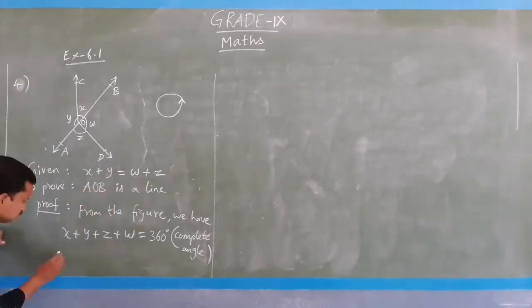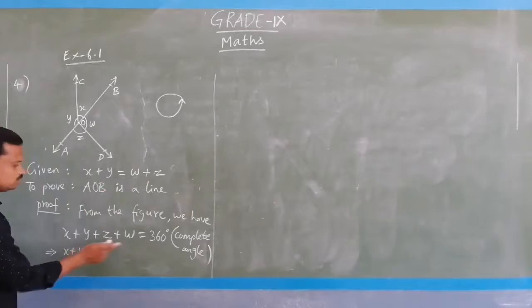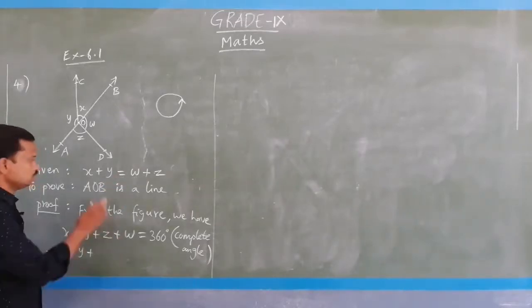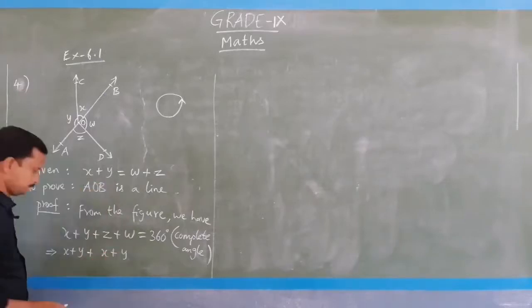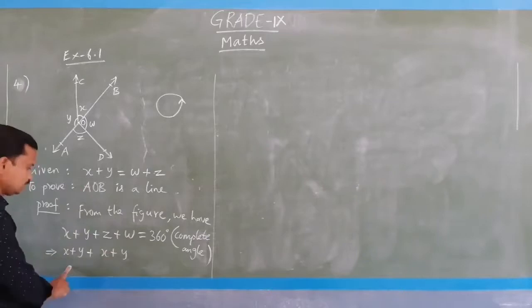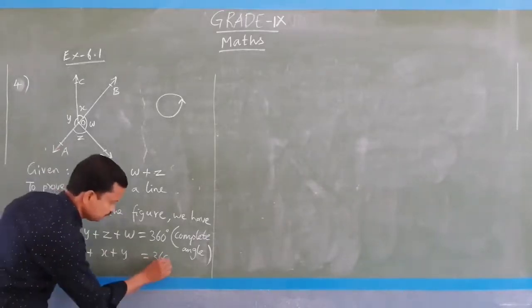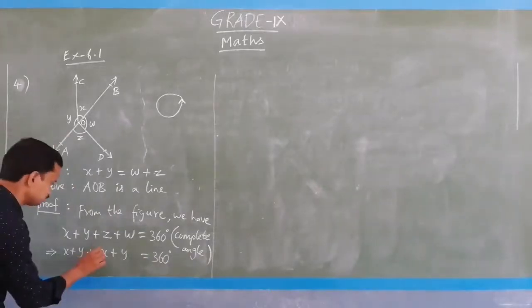So, now I am taking x plus y to substitute for w plus z. So, this implies x plus y plus again, for w plus z or z plus w, both are same. Commutative, no, in addition. So, we can put x plus y for this. Okay, x plus y and another x plus y, that is equal to 360, from the given part I am taking. This is one x plus y and this is another x plus y.